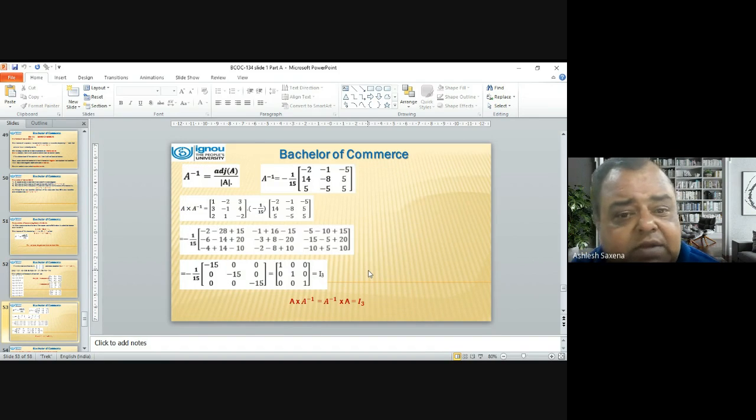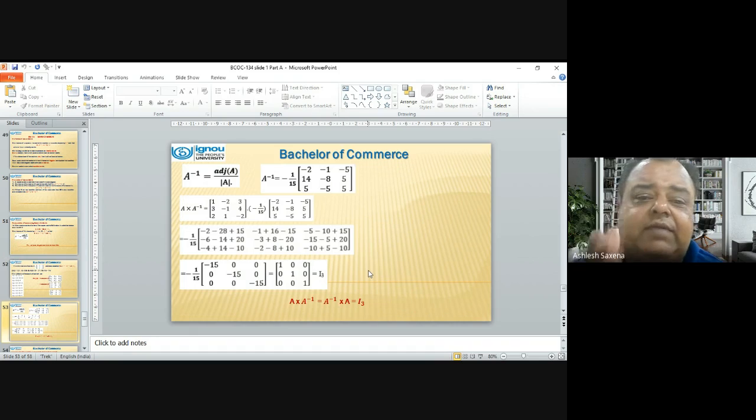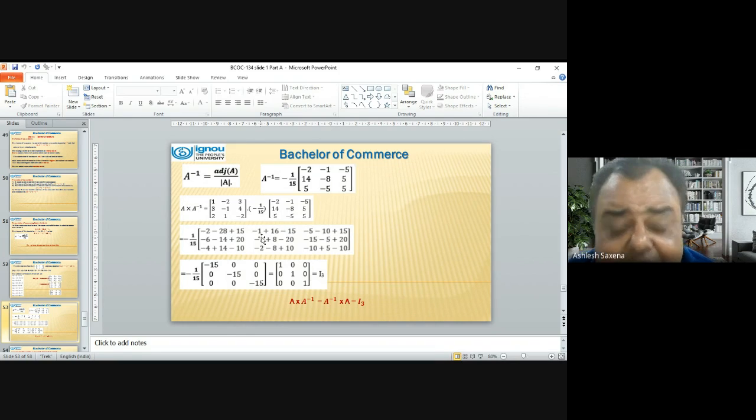This minus 1 by 15 will be taken in front. Now multiplication goes row into column, this way, and this way. This one with this, similarly we will follow this. What are we going to get? This. Take minus 15 out.